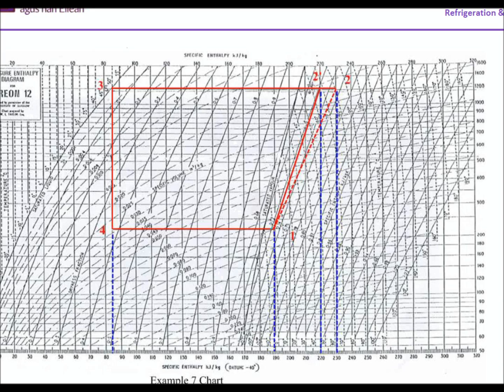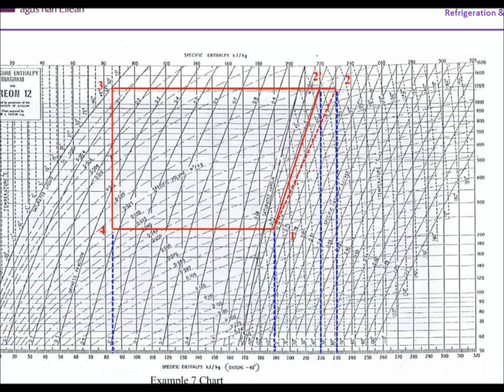We were told that at exit from the compression process, the temperature of the refrigerant was 80 degrees Celsius. So again, that enables us to locate point 2, and that would be the actual enthalpy at exit from the compression process. Because, as you can see, between point 1 and point 2, there has been an increase in entropy.